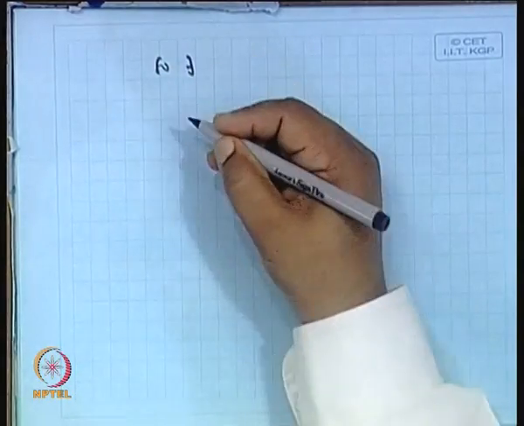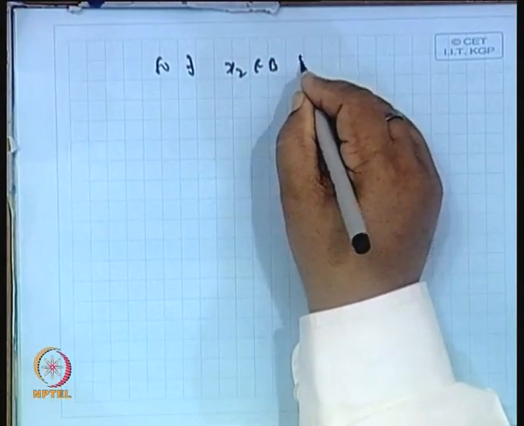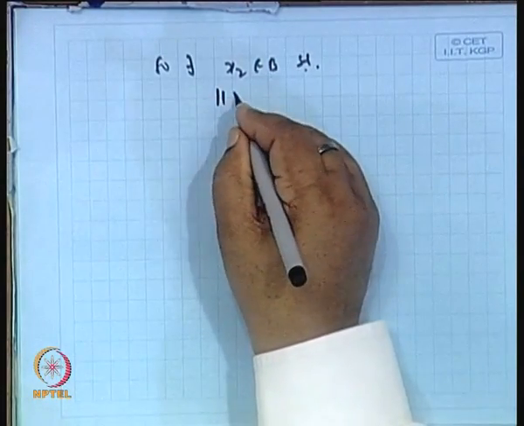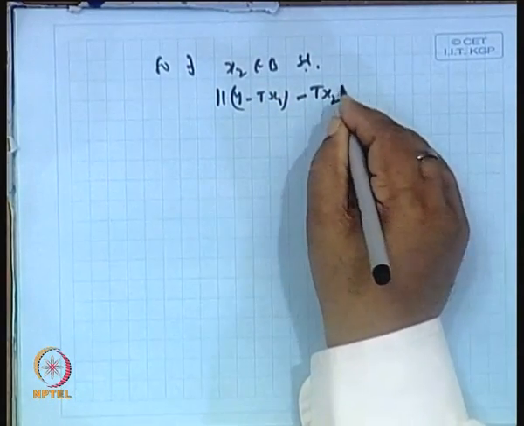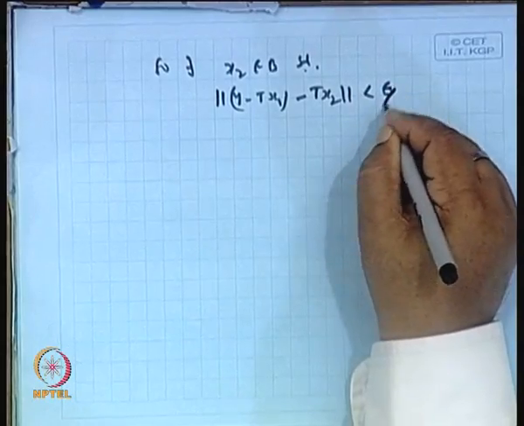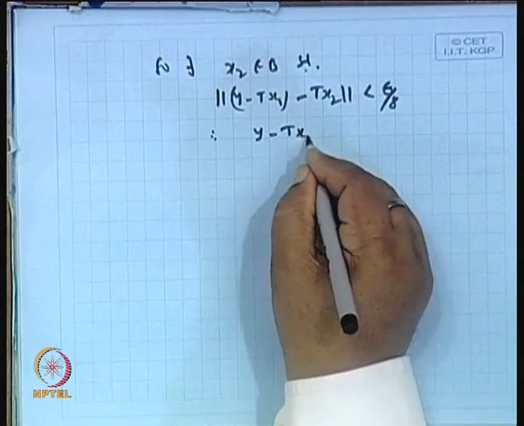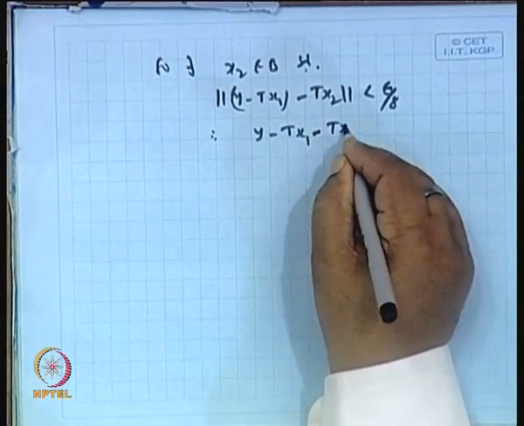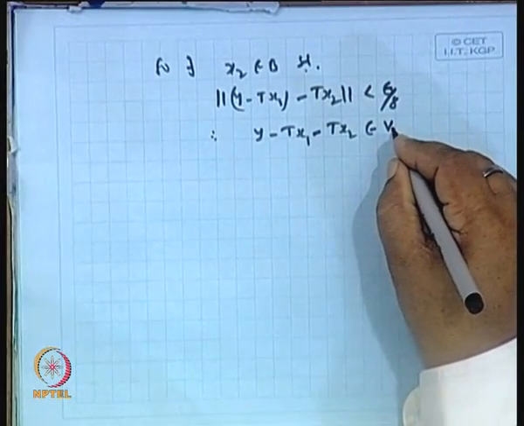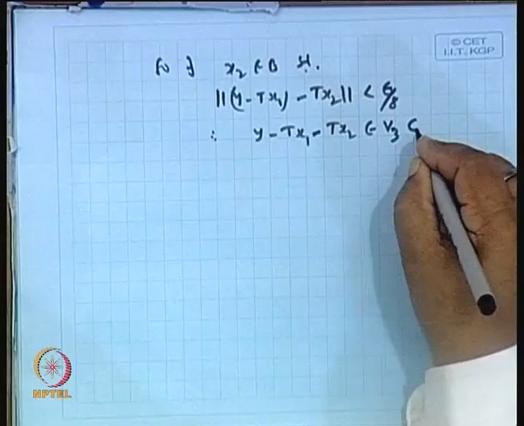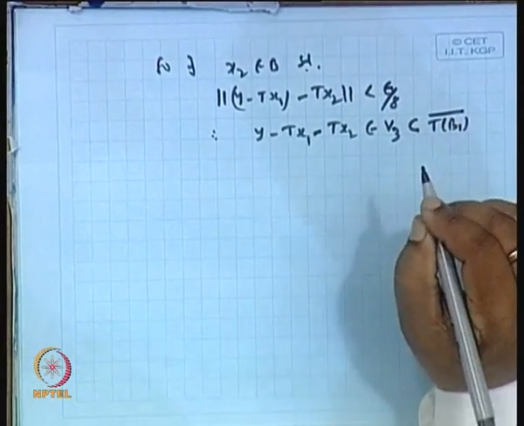So, there exists an x2 belonging to B such that the norm of y minus T x1 minus T x2 is less than epsilon L by 8. Therefore, y minus T x1 minus T x2 belongs to V3, which is contained in T B1 closure, and so on.